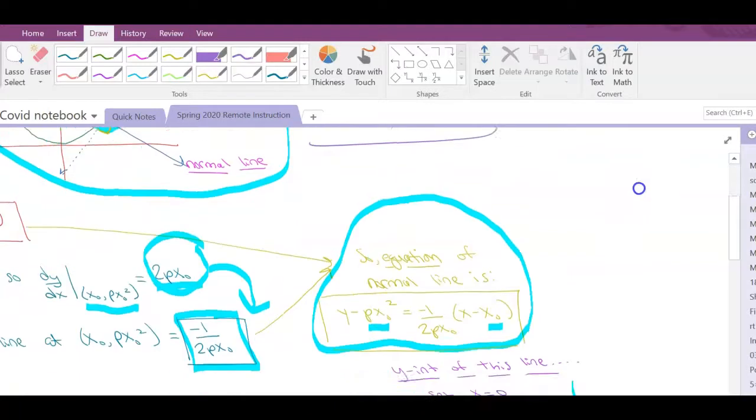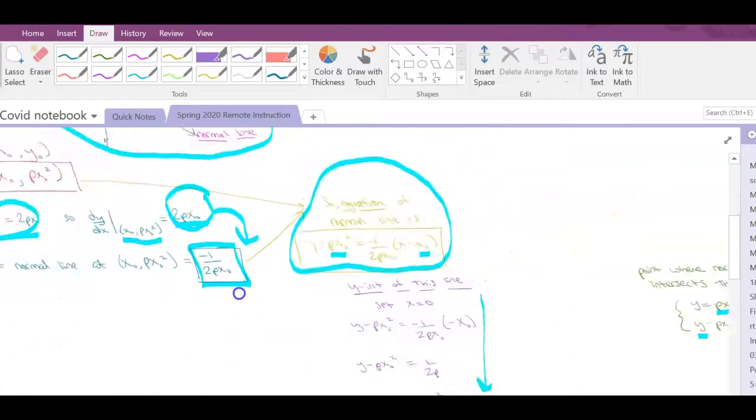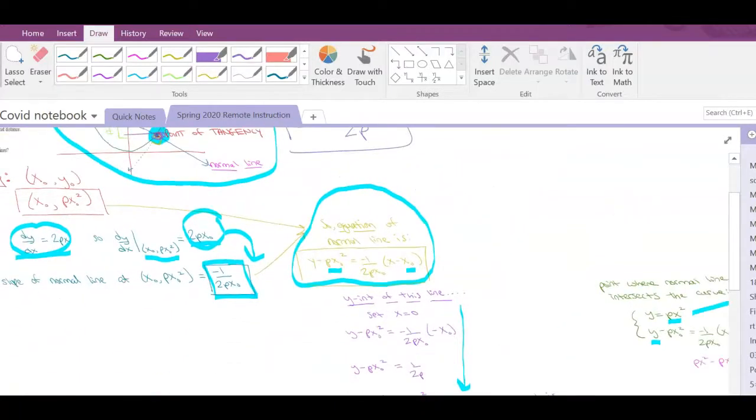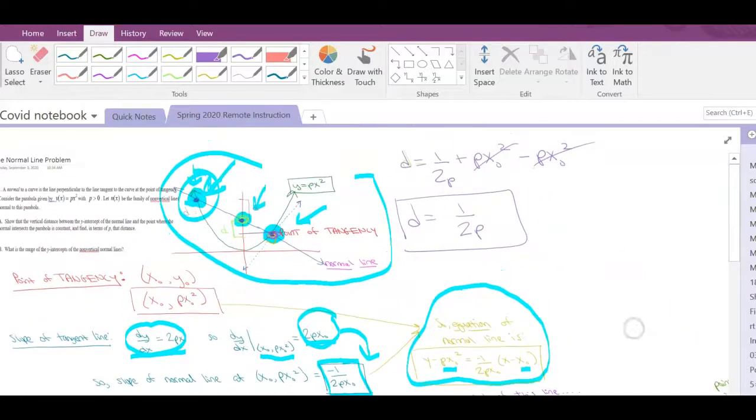Okay, now part B, what's the range of y-intercepts of the normal line? Well, let's just play with this visually. If you look at this normal line here, what's the range of those y-intercepts? What's really happening to those y-intercepts as this point gets dragged along the parabola?